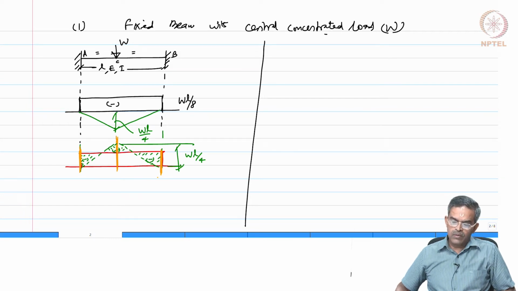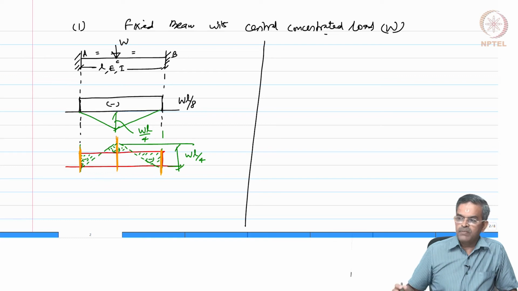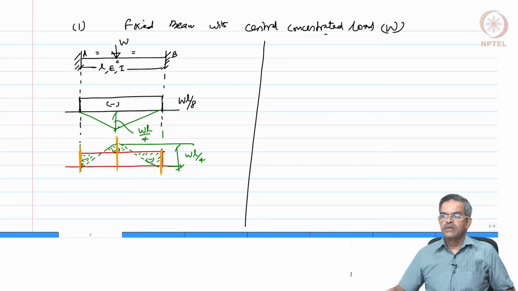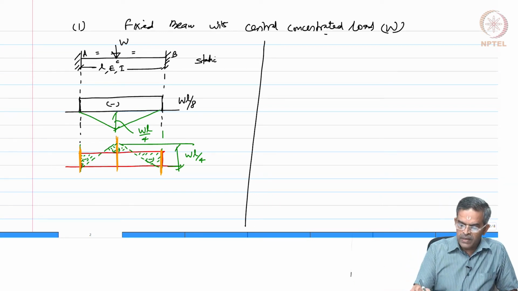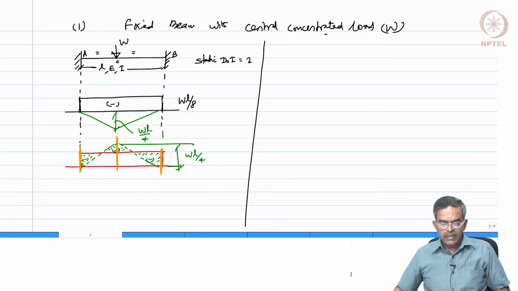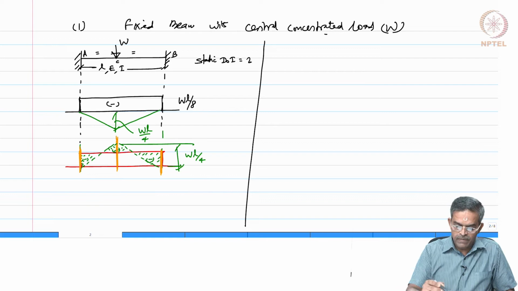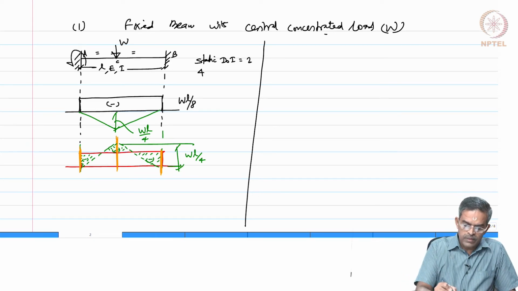Okay. So, what is the static degree of indeterminacy for this problem? Let us ask a question. The static degree of indeterminacy for this problem is 2 by neglecting axial deformation, that is 4 are the unknowns: moment, reaction, moment, reaction.